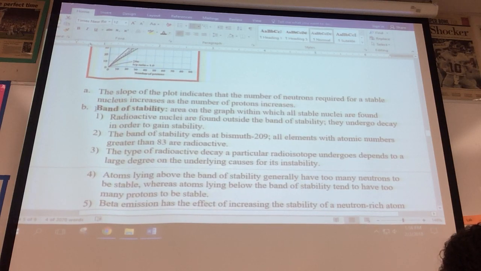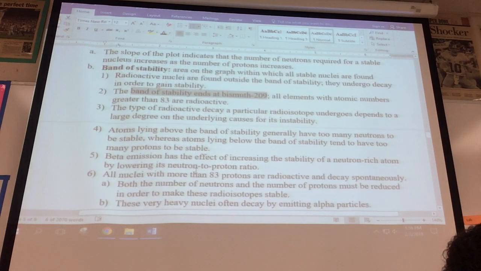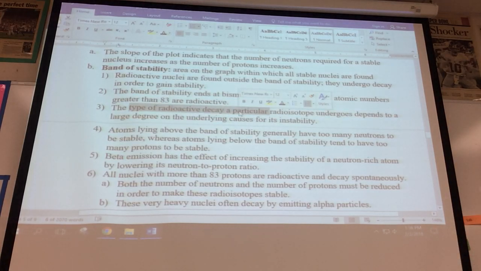So as we said, your band of stability is on that graph within that region, and you will have stable nuclei. Below or above, you will not. The band of stability ends with bismuth-209, and that's why all elements with atomic numbers greater than 83 are radioactive. The type of radioactive decay that occurs depends on the causes for instability.